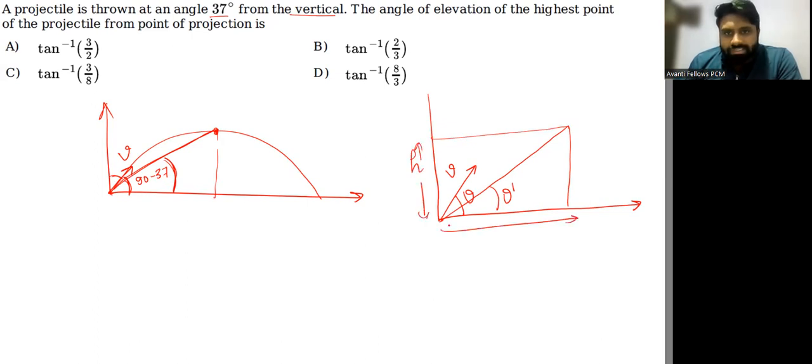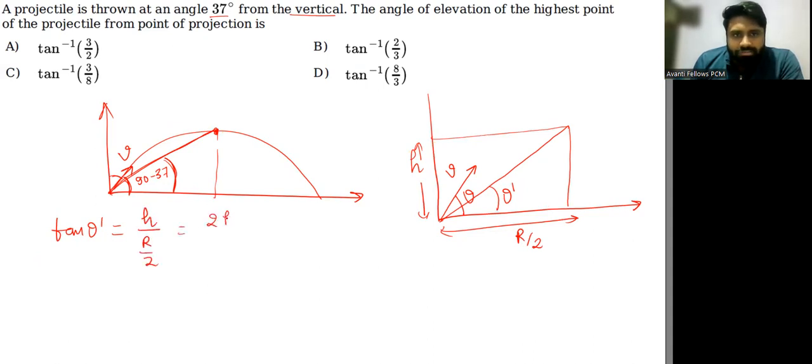And we know that at maximum height, the range covered would be R by 2. Okay. So it's very simple. What do we need to do? We need to calculate this tan theta dash. So tan theta dash is equal to perpendicular over base. Perpendicular is H and base is R by 2.